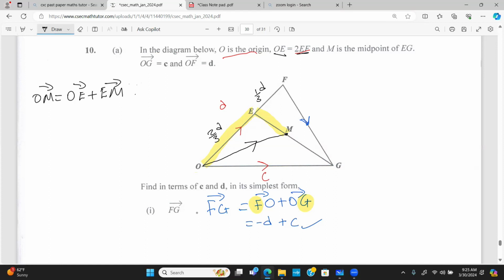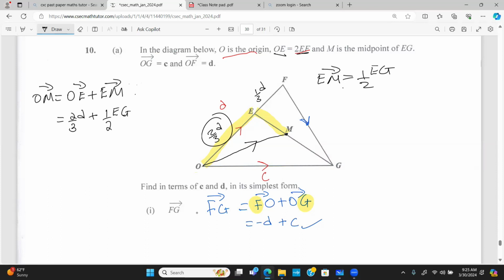Also, remember that M is the midpoint of EG, right? So that means EM is going to be a half of EG because M is in the middle. So we're just going to multiply EG by a half. What I'm really doing here is moving from O to E, which is positive 2/3 D, plus EM, which is a half of EG.